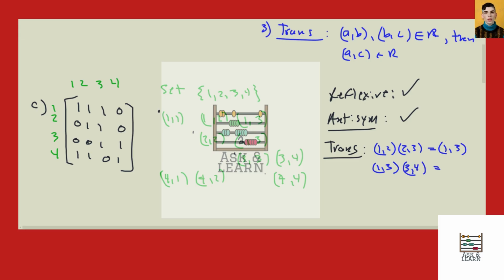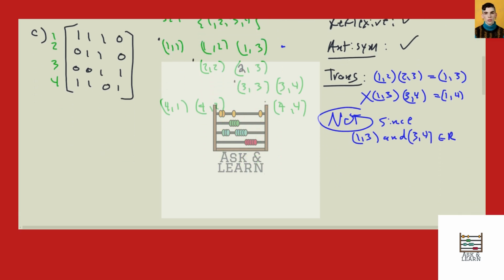And so does this have 1, 4 on there? Well, it doesn't have 1, 4 because it's missing here. So this is not a poset since 1, 3 and 3, 4 are elements of R, but 1, 4 is not an element of R.